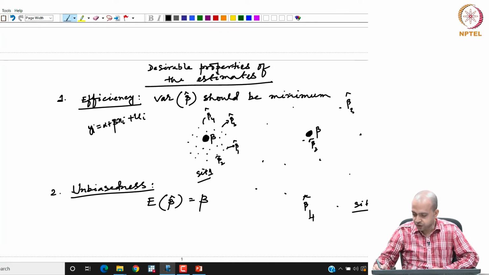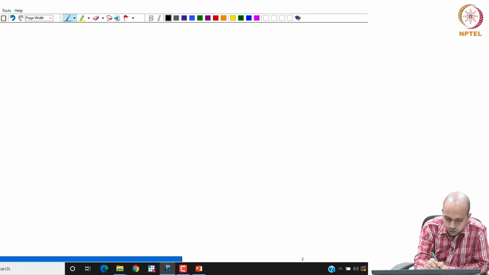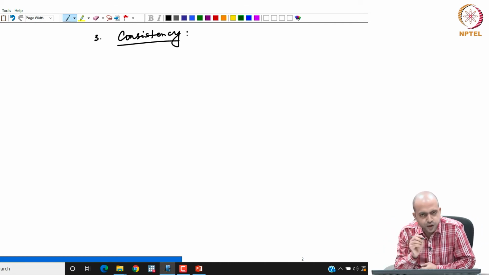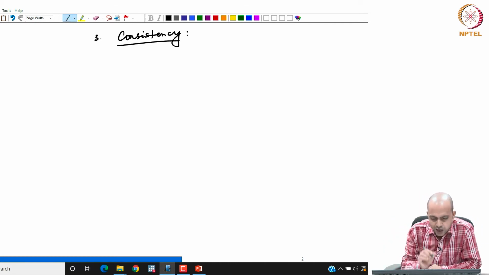And then the third property is called consistency. Consistency property is a little involved. I will explain step by step. Let us say that you have estimated your beta hat value as this and your true population parameter is this.